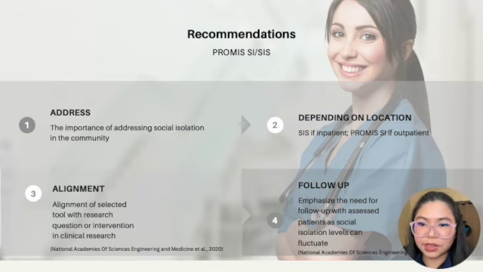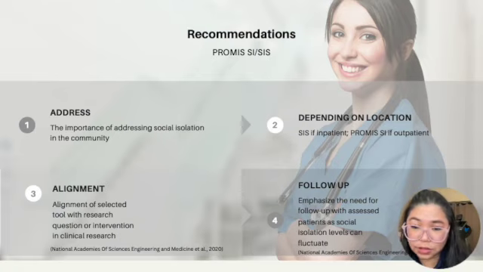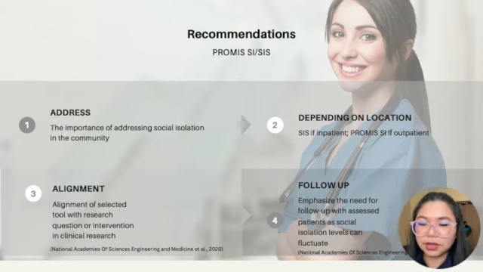If you're in an outpatient setting, PROMIS SI is very useful to assess social isolation. Not only is it readily included in the EHR, it's also useful to track the results over time. On the other hand, if you are in the acute setting and need to assess the patient for social isolation quickly, I think SIS would be a better fit. Another recommendation is to make sure to align the selected tool with your research question or intervention.